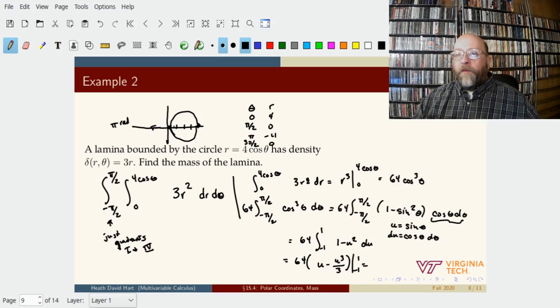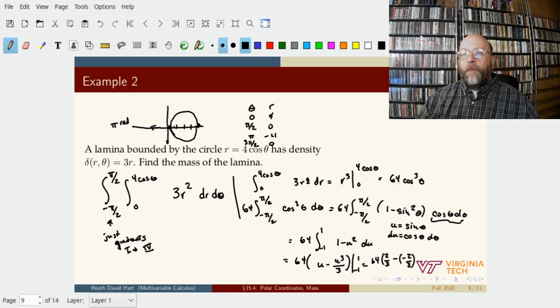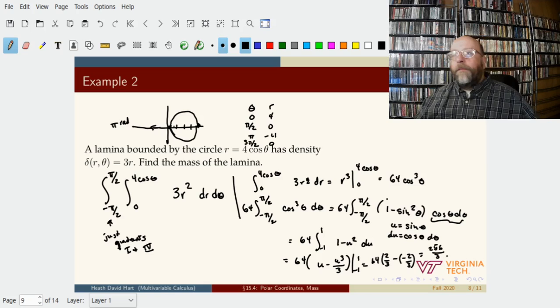When we evaluate it at 1, we get 1 minus a third, which is 2/3. When we evaluate at negative 1, we get negative 1 minus negative a third. And so that's minus a negative 2/3. And so we get 64 times 4/3, or 256 thirds. Okay? 256 thirds.